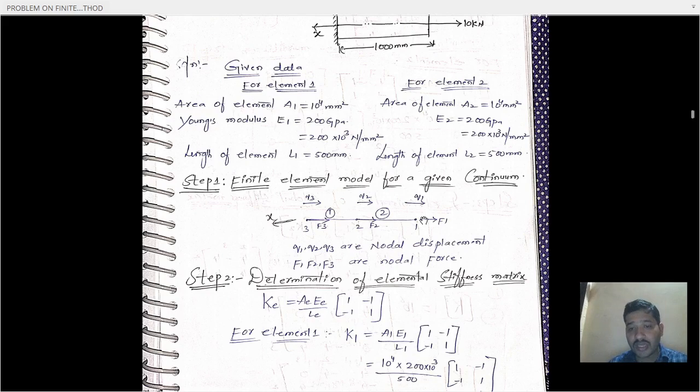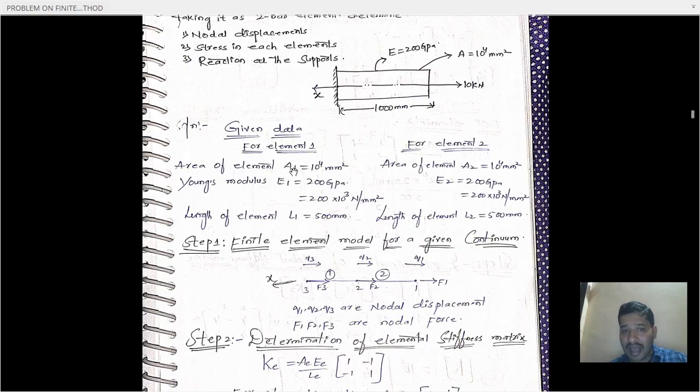The nodal force acting at point 1 we can say as f1. If the nodal force is acting at point 2, we can say as f2. If it is acting at point 3, we can say as f3. So here A1 as it is, A2 also as it is, and the Young's modulus E1 as it is, E2 also as it is, L1 also as it is, and L2 also as it is.